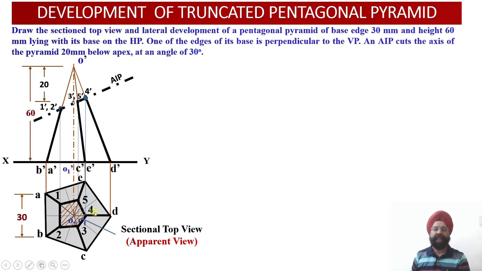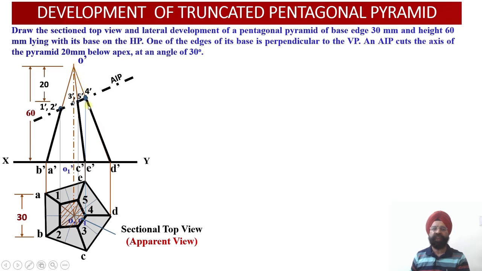But now please refer to this particular generator, slant generator OD. Slant generator OD happens to be parallel to the XY reference line. It means that this slant generator OD is parallel to the vertical plane. So since slant generator OD is parallel to the vertical plane, its projection on the vertical plane, that is its front view O dash D dash, will represent the true length of the slant generator.